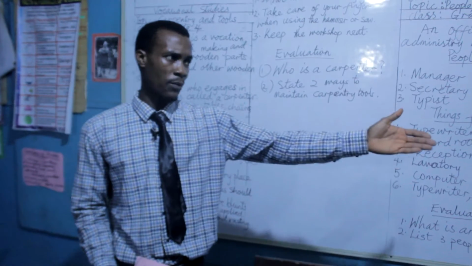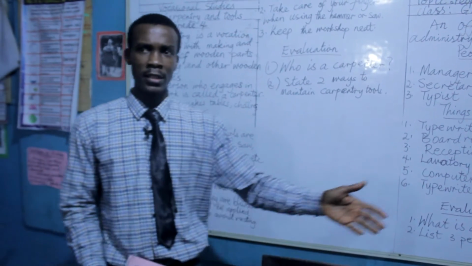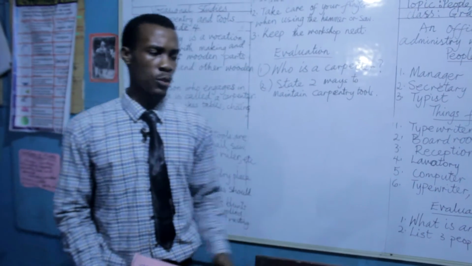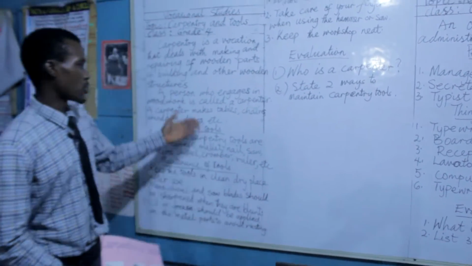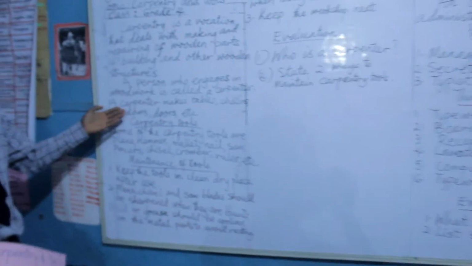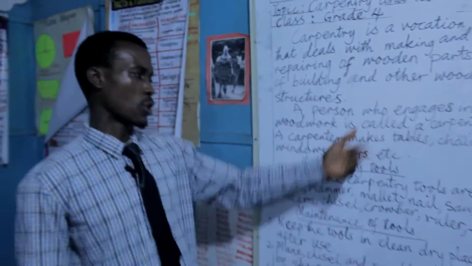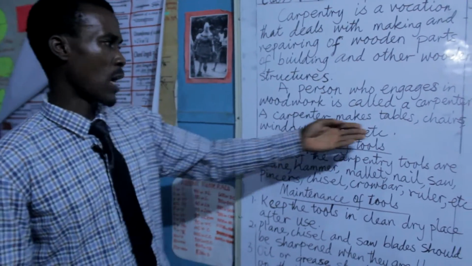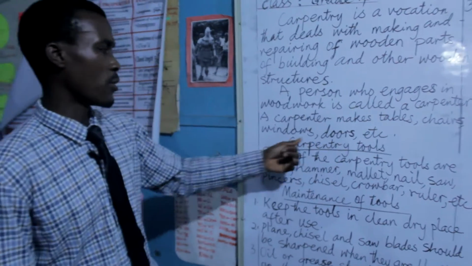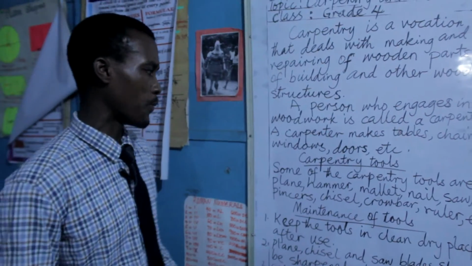A carpenter makes things connected with wood, which are tables, chairs, windows, doors, and so on and so forth.